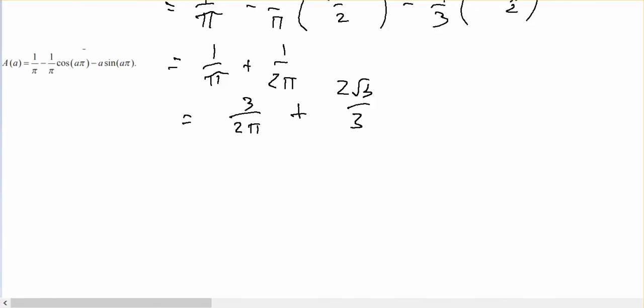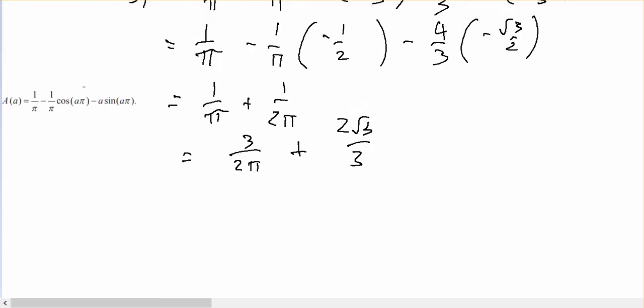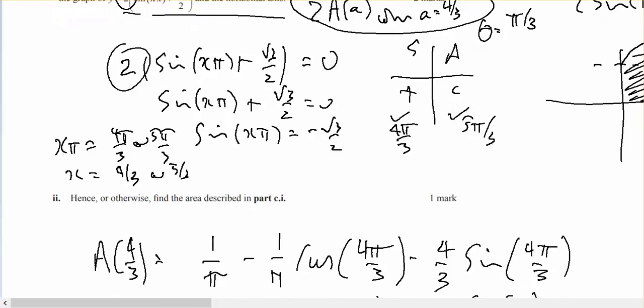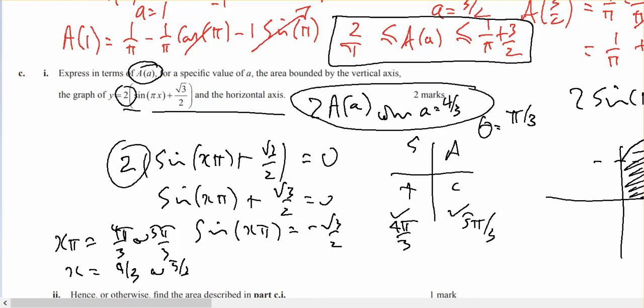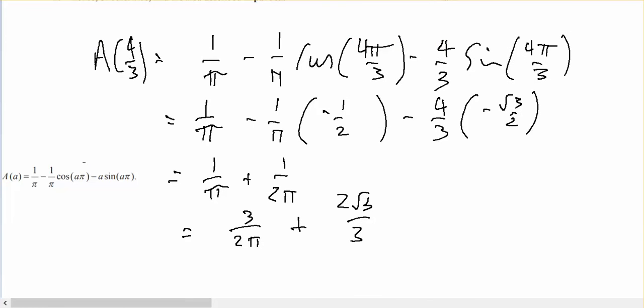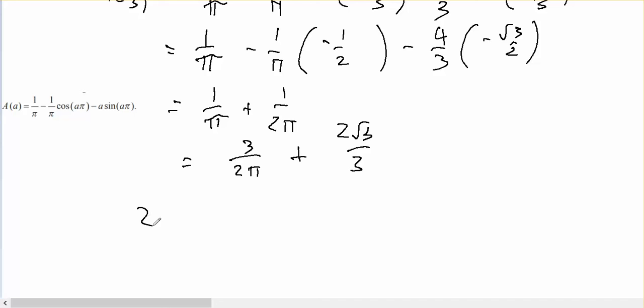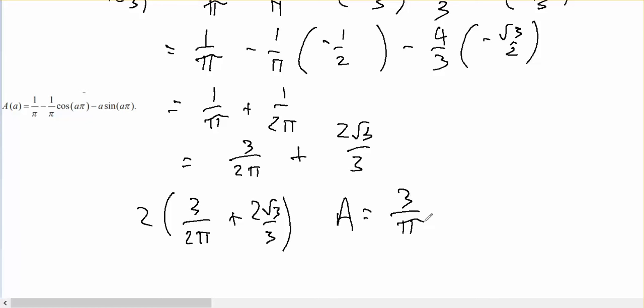And since the area in this part, in part C part 1, is double the other, then my area is going to equal 2 times 3 on 2 pi plus 2 root 3 on 3. So the area should equal 3 on pi plus 4 root 3 on 3 squared units.